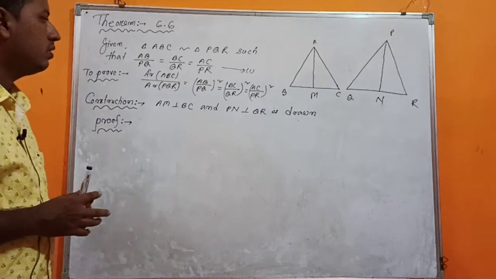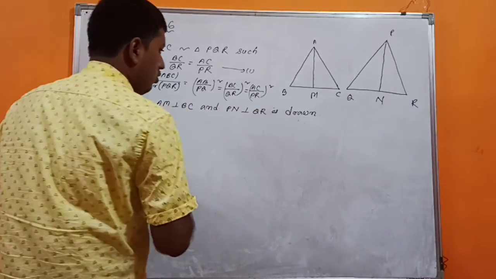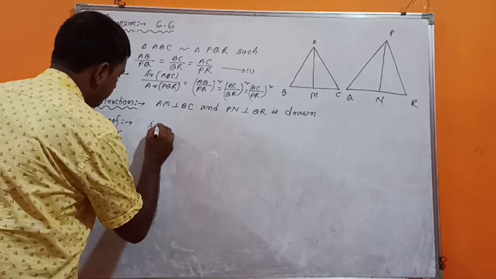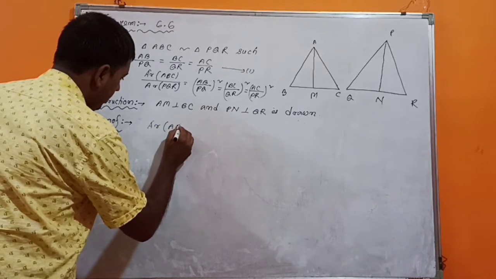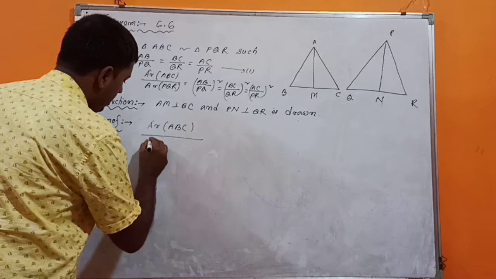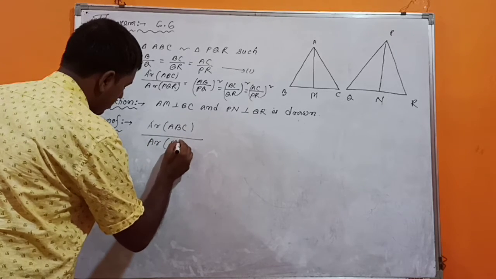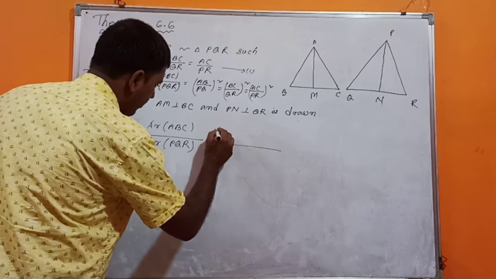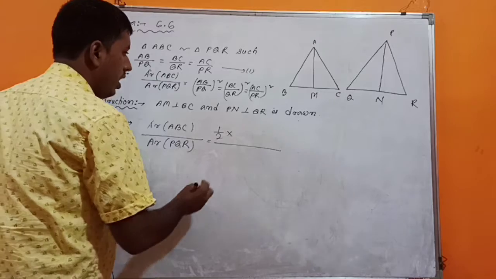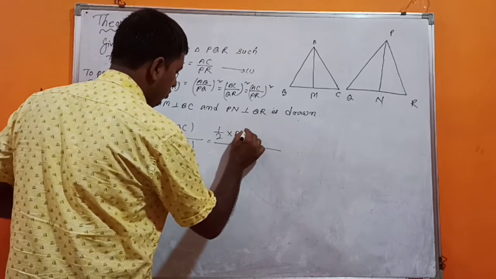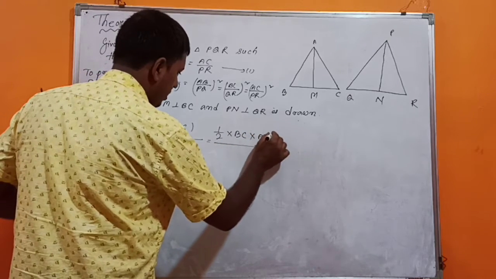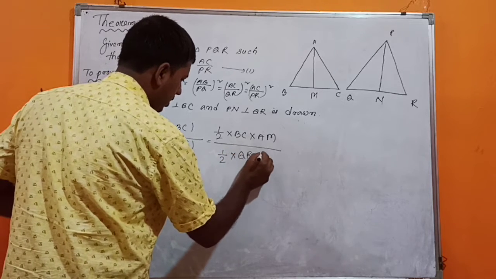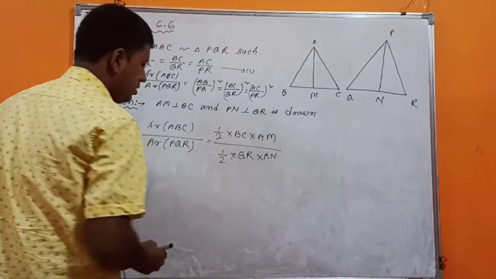Now the proof part, the very interesting and vital part. Please look at this. From these two triangles, it is area ABC by area PQR. We all know the area of a triangle is half into base into height, that is half into BC into AM here, and half into QR into PN there.